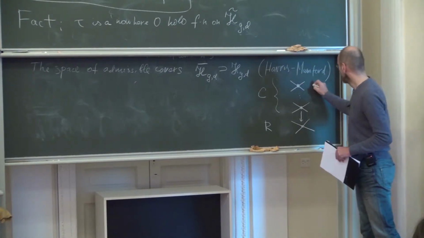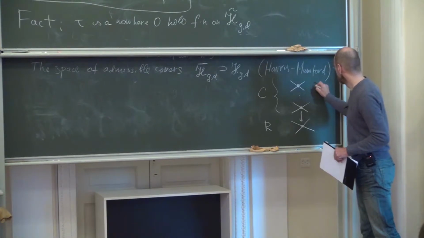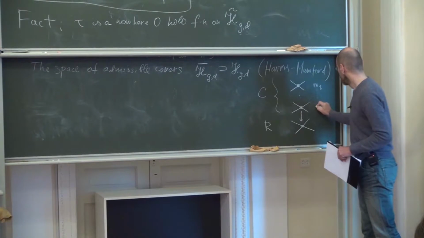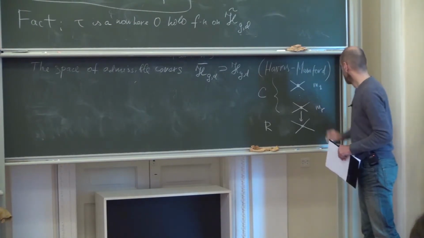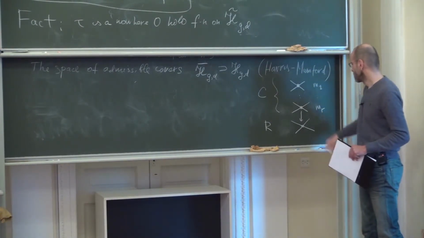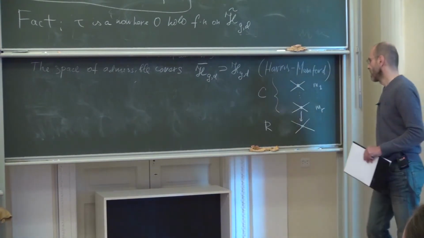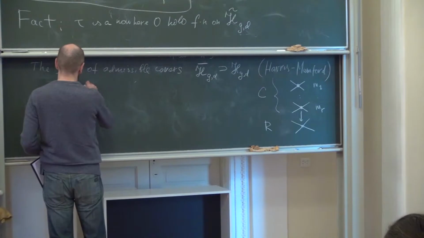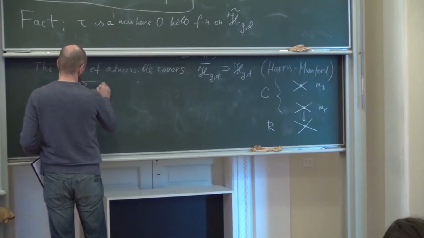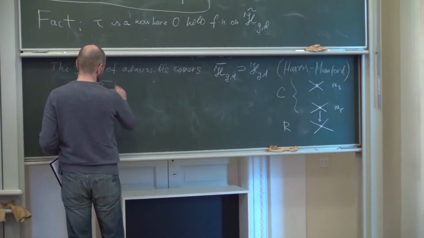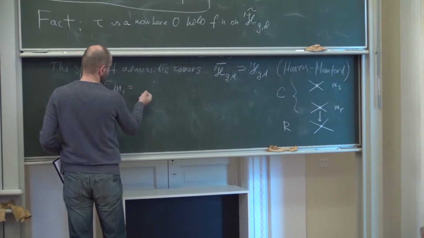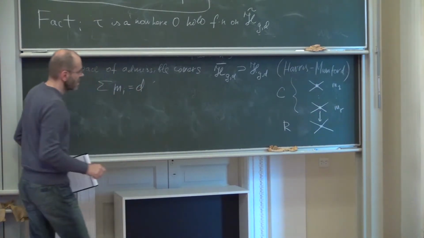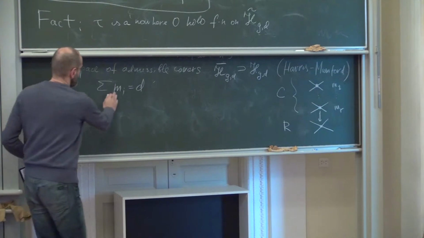So let's denote these ramification indices by numbers m1 to mr. r is the number of preimages of this node, and of course it's clear that the sum of the mi's is just the degree d of the cover.